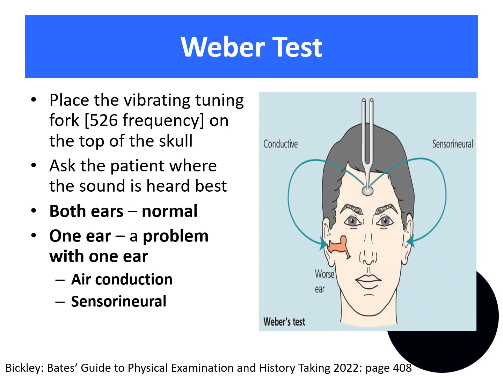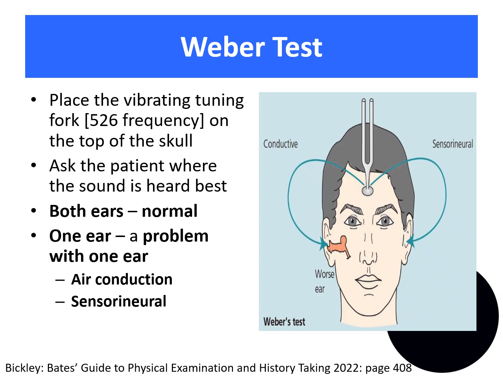Now, work with me here. Suppose you were completely deaf in the right ear and you made that sound. Which ear do you think you would hear that sound in? And if you said to me in the normal ear, which would be on the left side, you would be correct.